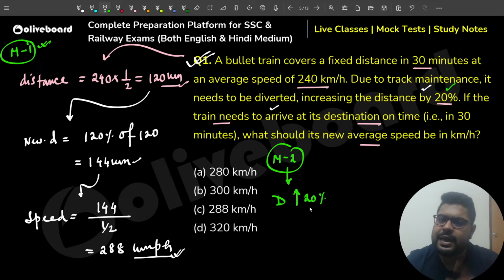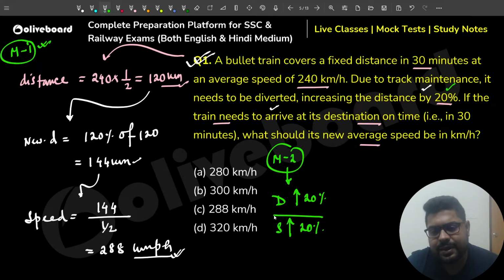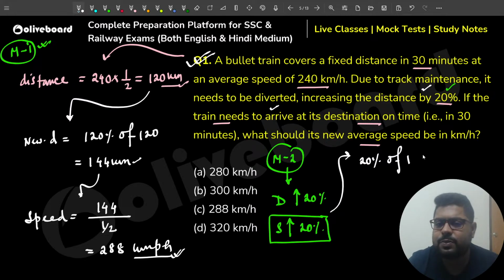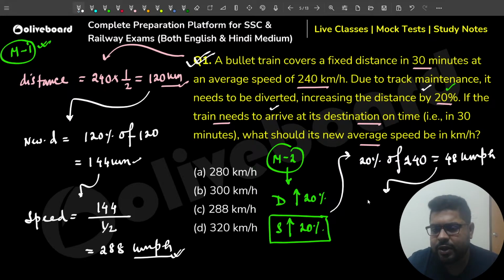So if I want to keep the time constant, my speed needs to go up by the same 20% as well. So just by looking at this, you can say my answer will be 20% more of the speed. The speed was how much? 240. So this is 48 kilometers per hour more. So my answer would be 240 plus 48, which is nothing but 288.